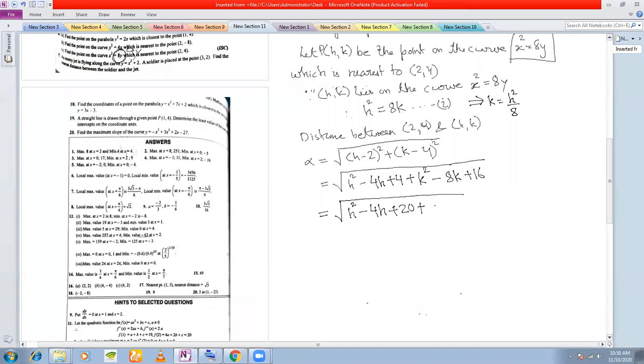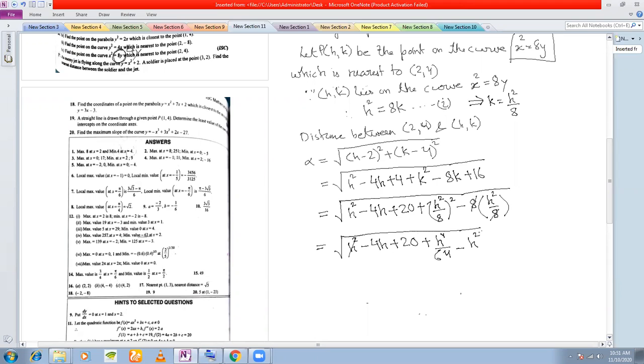So this becomes k square is (h square by 8) whole square, minus 8k, where k is h square by 8. So this becomes completely an expression in h. So h square minus 4h plus 20 plus h to the power of 4 by 64, and this 8 cancels, you get minus h square.